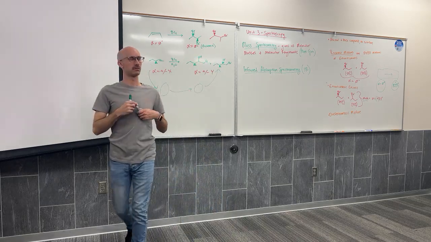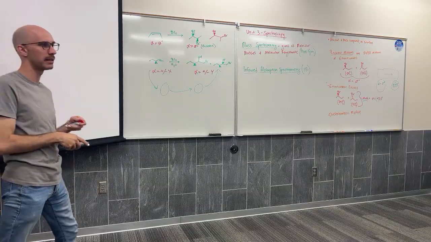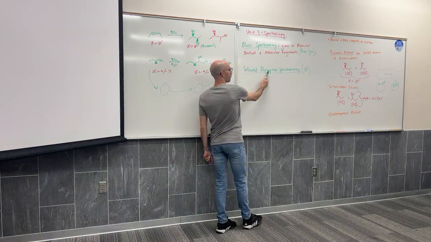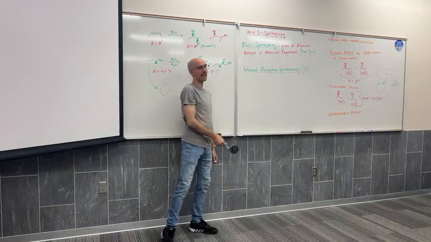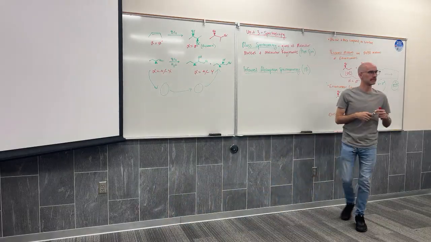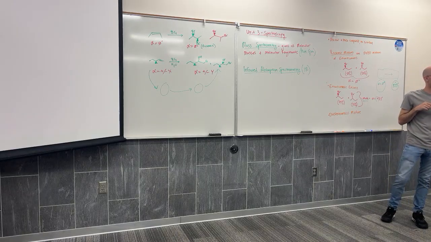IR, its full name is infrared absorption spectrometry. Again, measuring a spectrum of absorption in the infrared region of light. Do you guys know what infrared light is otherwise known as?